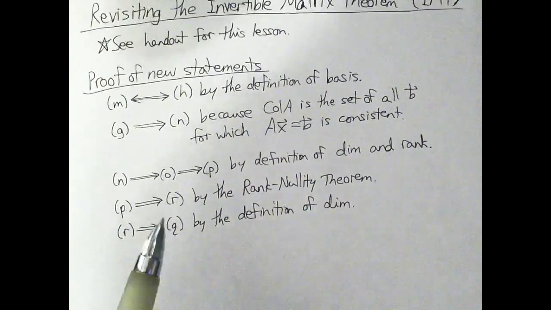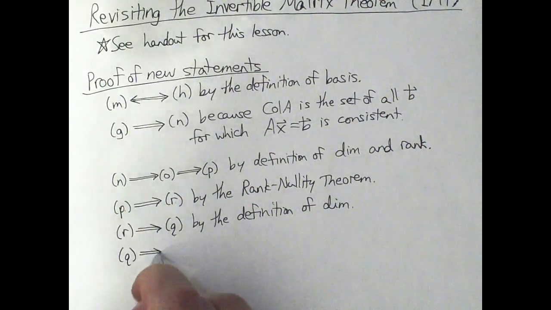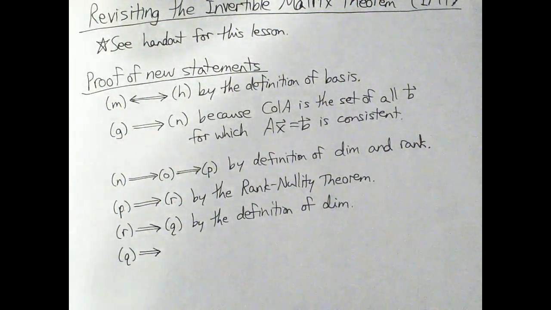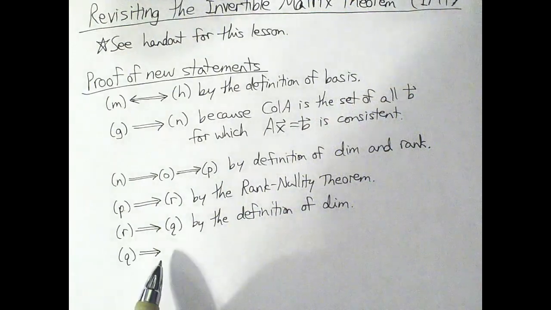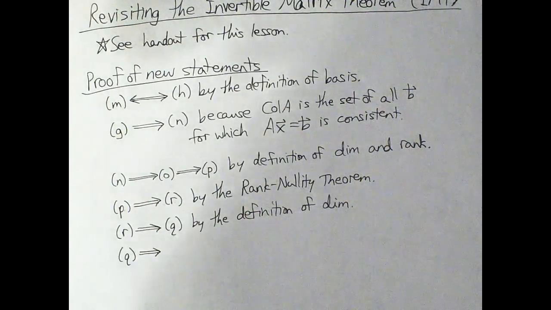We need to somehow go from Q. We need to tie that in to the original theorem. We need to connect that to some part of A through L. So do you see anything from A through L that you think Q implies?